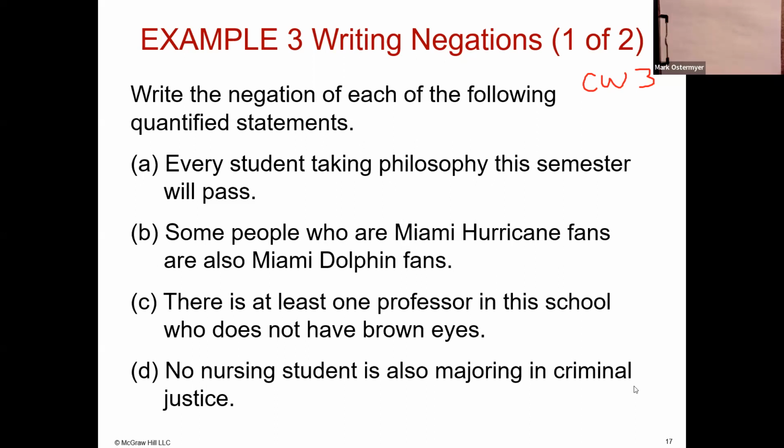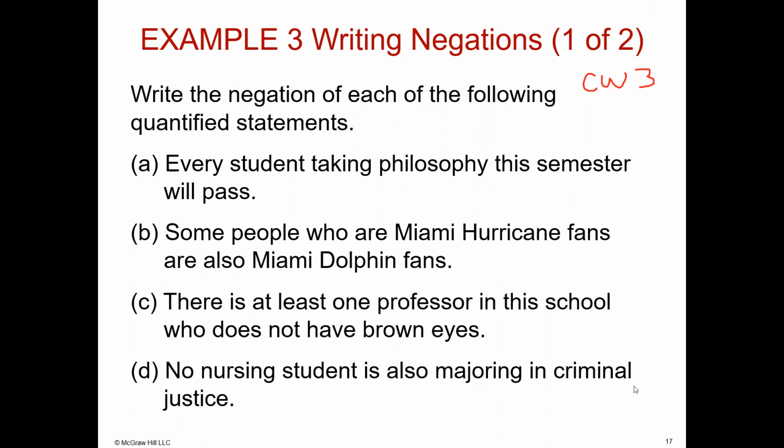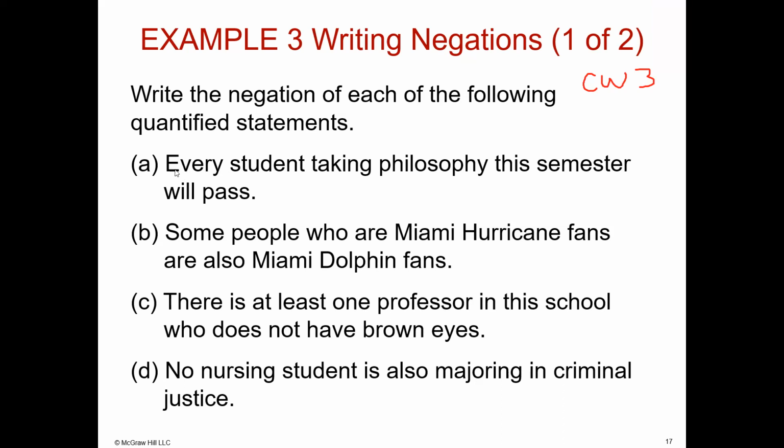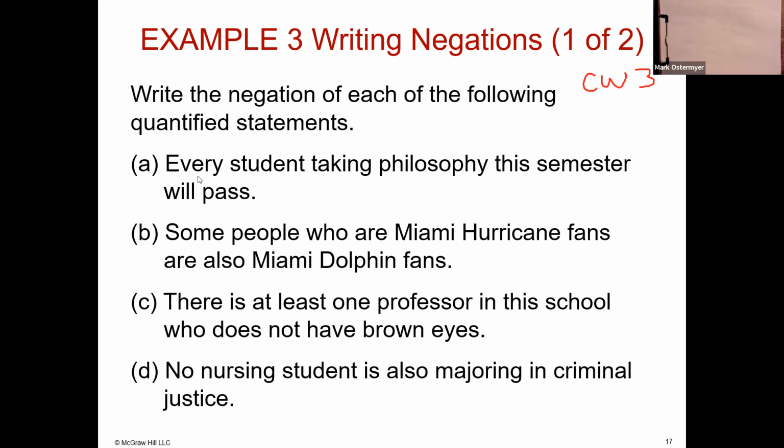All right, anybody want to contribute for A there? You come up with anything? I said, every student taking philosophy this semester will not pass. You got part of it correct. Now, what would be the negation of the word every? The negation of every would mean that some did.